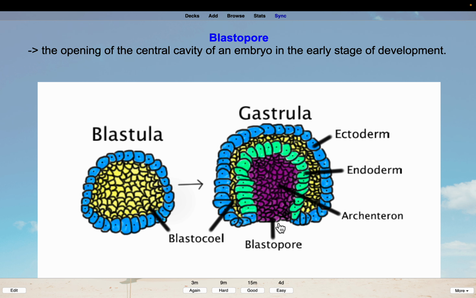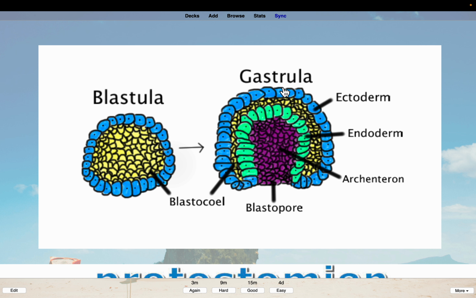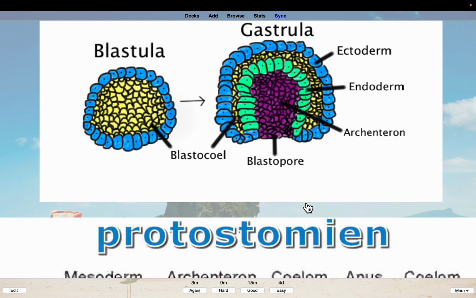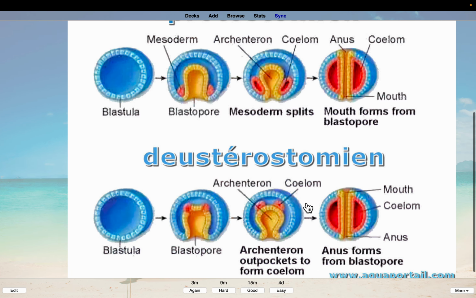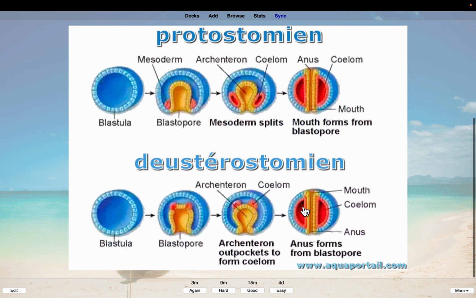Again, if the anus is formed here and the mouth is formed here, that's a deuterostome. If the anus is formed here and the mouth is formed here, then that's a protostome. So this is what I just said.